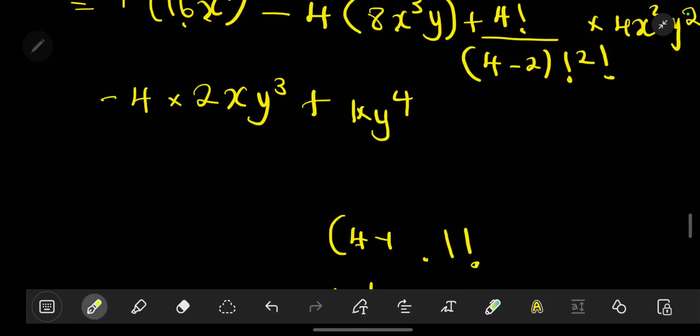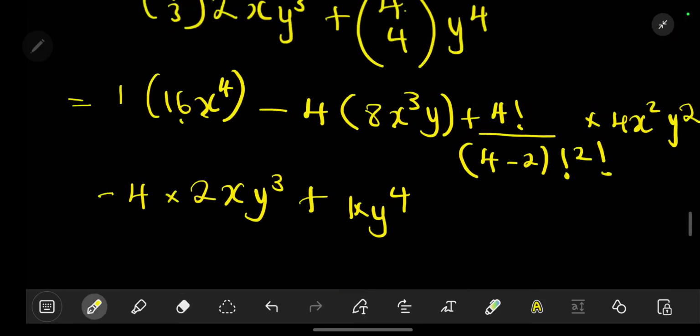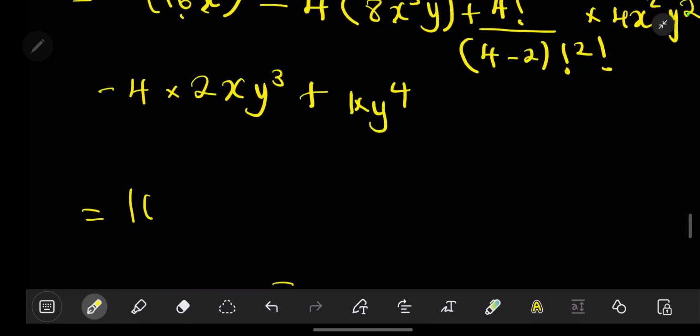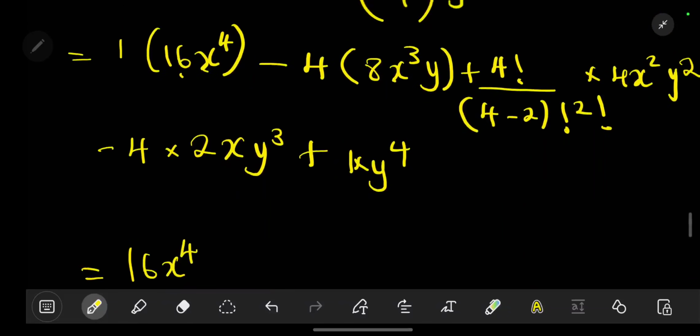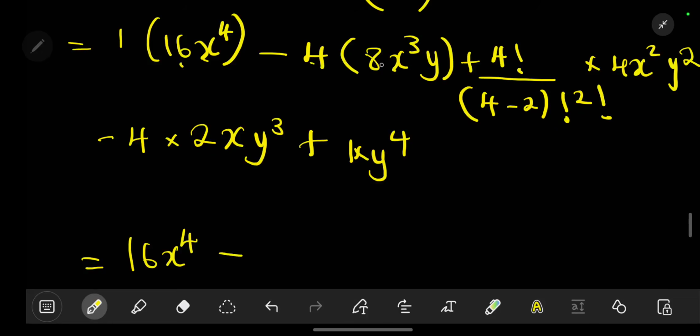Then last but not the least, we are going to get a value that is equivalent to, we have our 16x to the power of 4. Then we have minus 4 times 8. This will give us a value that is equivalent to 32x to the power 3 y like that.